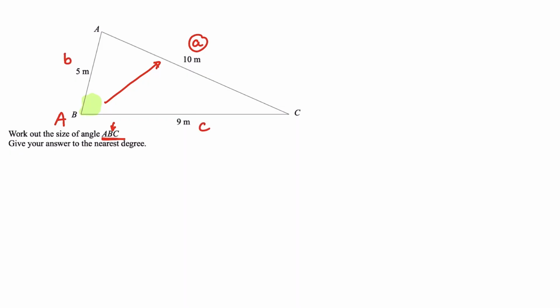As I said, with the cosine rule, it is very, very important to identify the angle A and the side a correctly. If we get that wrong, then the whole question will be wrong.